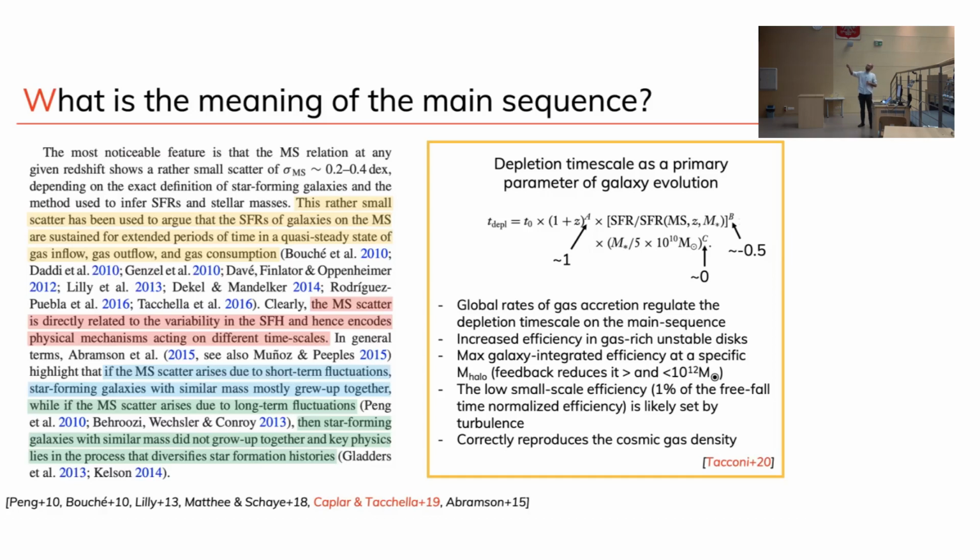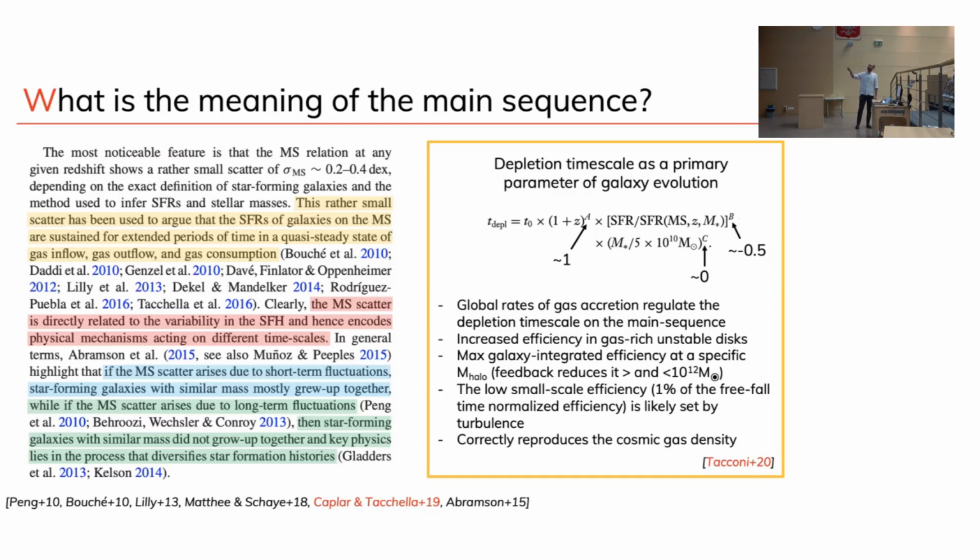But what is interesting here is that the main dependence is on the redshift. Then there's a secondary dependence on the distance from the main sequence, meaning that starbursts are more efficient at forming stars. The depletion times are shorter, which is what Jeremy was mentioning this morning. But there's basically no other dependency. This is on stellar mass, but they tried with sizes, they tried with environment.